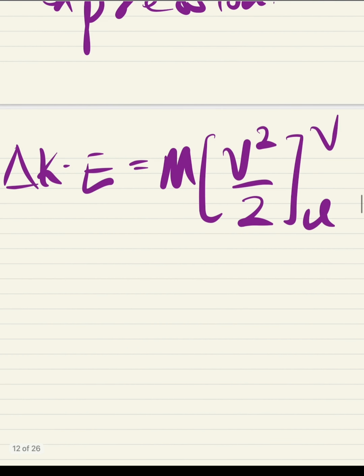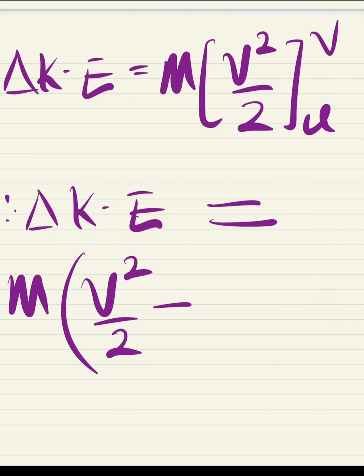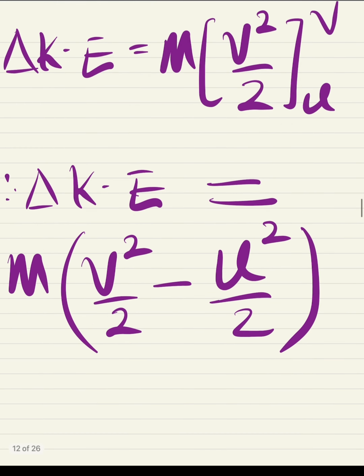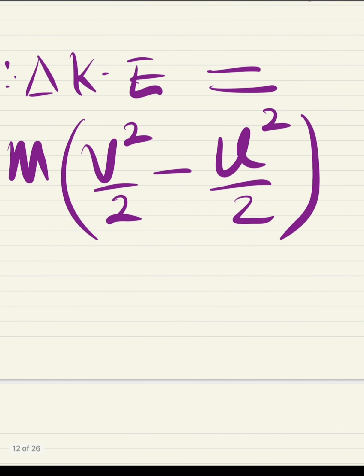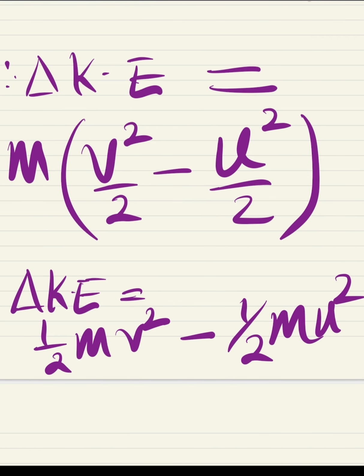By the time you substitute the upper limit minus the lower limit, at the end of the day, you are going to have change in KE equals m times v squared over 2 minus u squared over 2. That's what you are going to have. If you move the m inside, you have the change in KE equals half mv squared minus half mu squared, right?